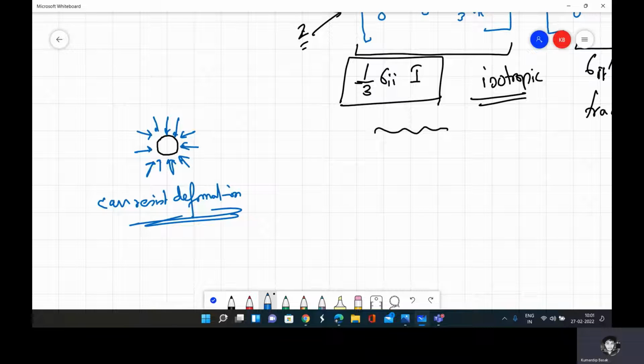Now, what about the deviatoric part? You can understand that it is traceless. As of now, we are considering a 3 by 3 matrix. If we shrink it to 2D, what is the analogy?